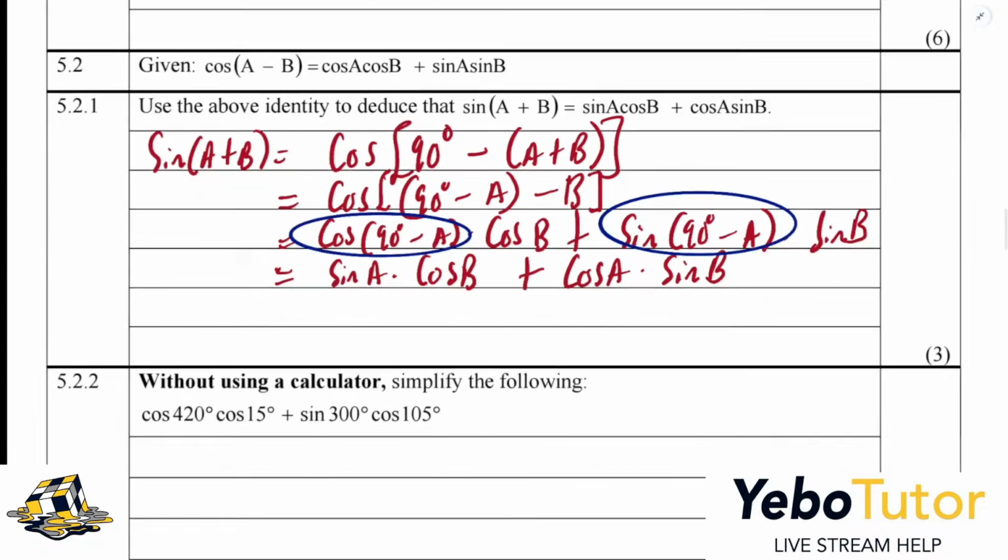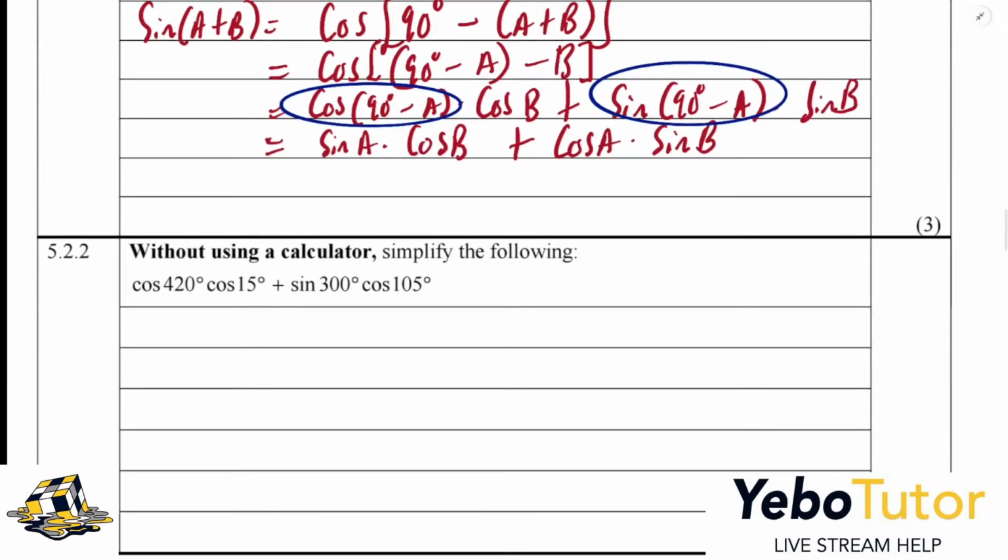All right, okay, now simplify without using a calculator. Cos 420 times cos 15 plus sine 300 times cos 105. Okay, that can work. It's an interesting one as well, but let's see how we can solve that.